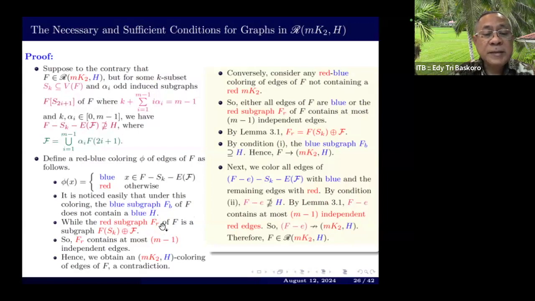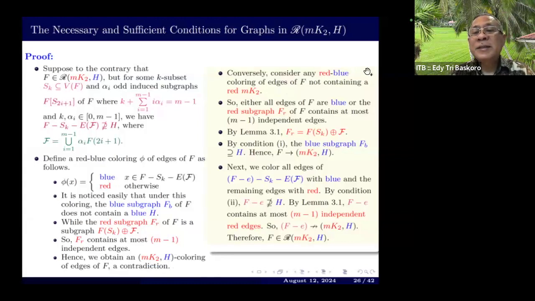And the red subgraph of F is a subgraph of this decomposition. So the red subgraph contains at most M-1 independent edges. Hence, we obtain an MK2, H coloring of the edges of F. Therefore, this is a contradiction.